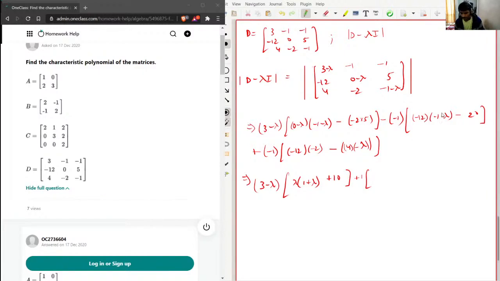Minus 12, and again I can take minus sign common, so this will be 12 lambda plus 12, then minus 20, and this will be minus 1, minus minus again plus, so this will be 24, and this will be minus 4 lambda, and this minus minus plus, so plus 4 lambda.